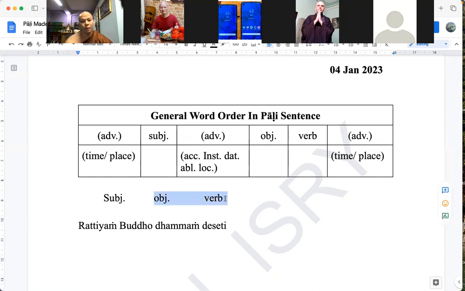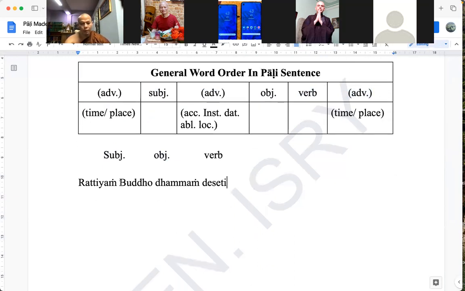But an adverb of time or place is not so fixed. Sometimes it is before the subject, sometimes after the verb, sometimes between the subject and object. The order can be: adverb, subject, adverb maybe, object, verb, and then maybe an adverb.